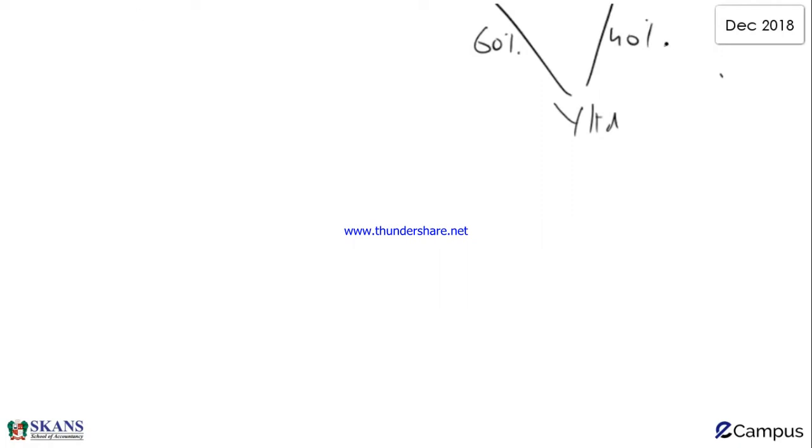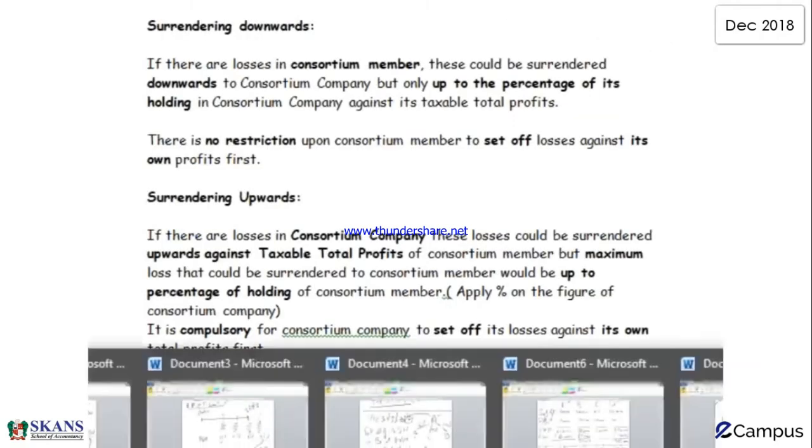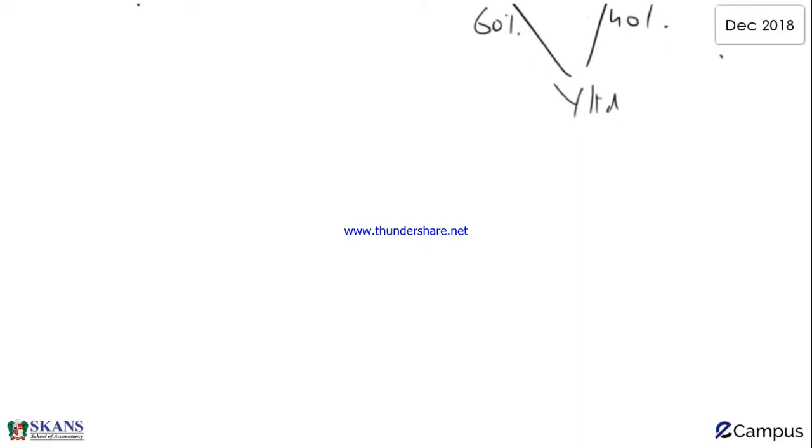Now, if we want to know what is the maximum loss which could be surrendered by A Limited downwards to Y Limited. If I'm not wrong, we are studying downwards, yes. For example, A Limited suffered a trading loss of 200,000 and we want to surrender this loss to Y Limited, and Y Limited had taxable total profits of, let's say, 250,000.